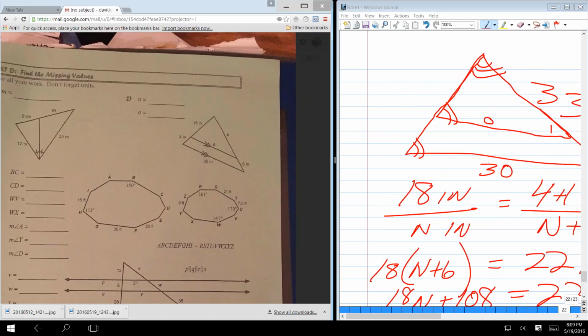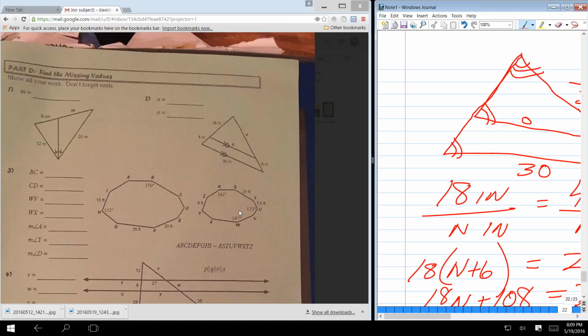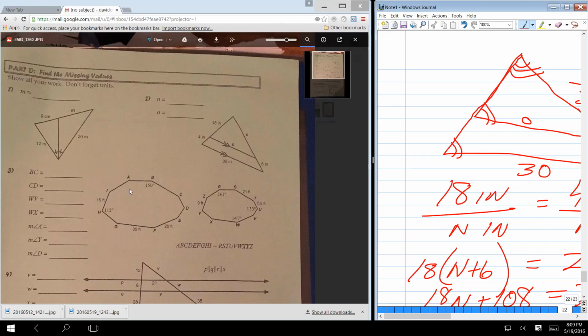All right, so let's see. Problem number 3 here. What they tell us is that this figure is similar to this figure. Is it aligned properly? It is, yeah. So what's angle A?